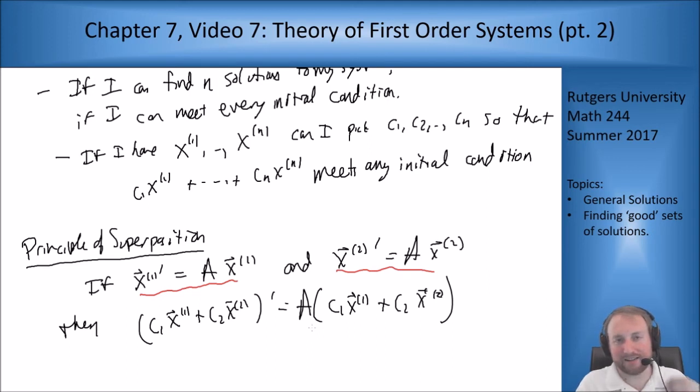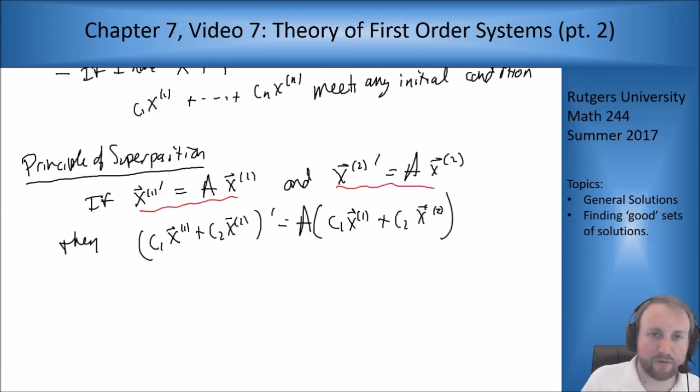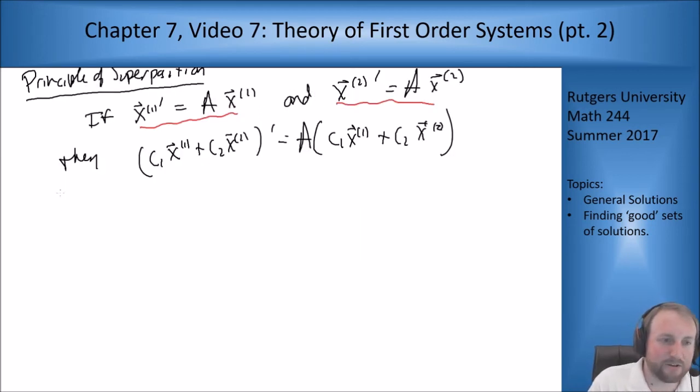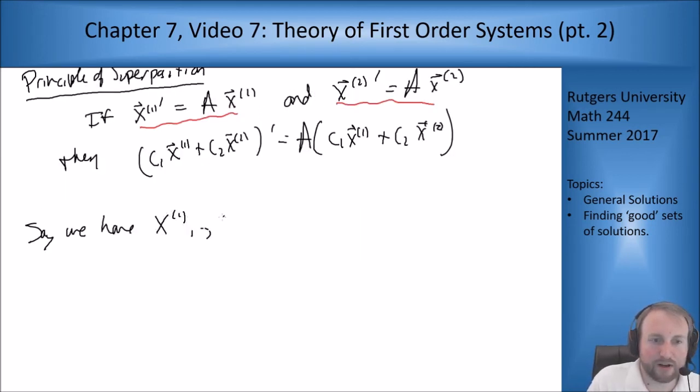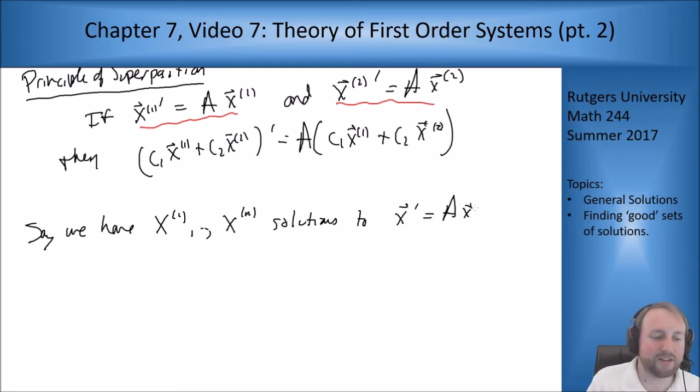Now the idea is, can I meet whatever initial condition I want? For second order, we had the Wronskian that did this. We'll talk more about that in the next video. But now say we have x^1 up through x^n solutions to x prime equals A times x. What I want to do is stack these solutions into a matrix.